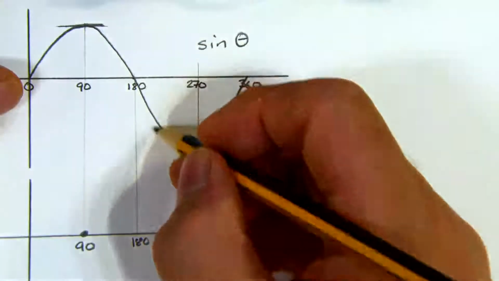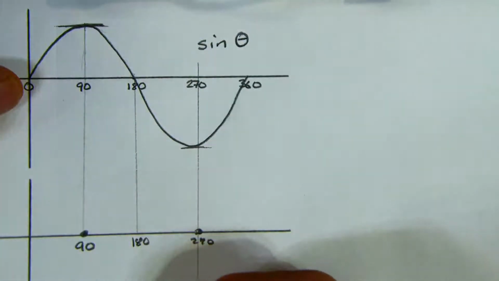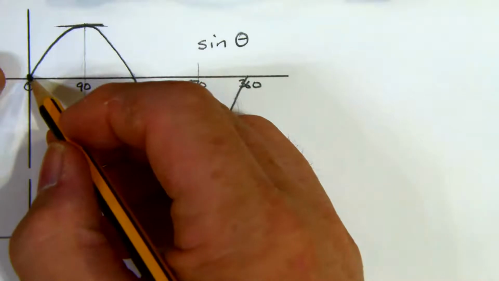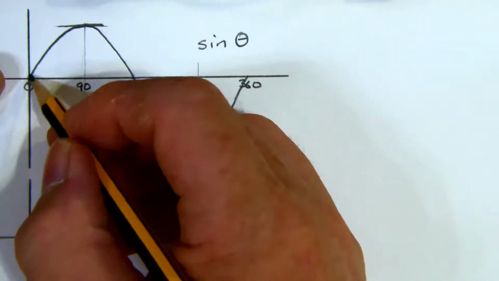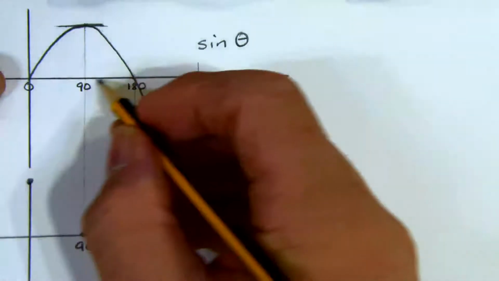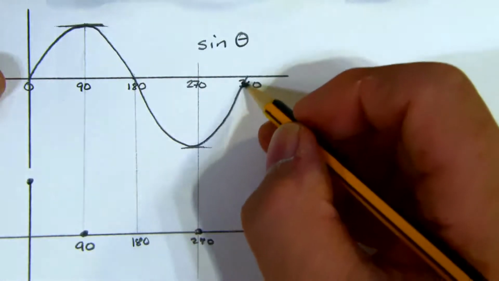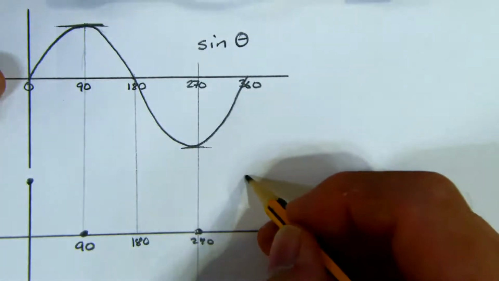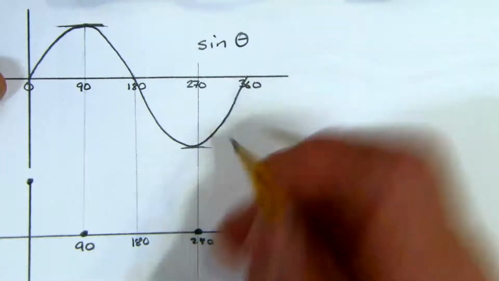It's going down in this direction, so we know this gradient is -1. If we look at this point here, 0, this is going to be at 1. And we look at 360, and now the gradient is positive. At its maximum, it's going at 1.